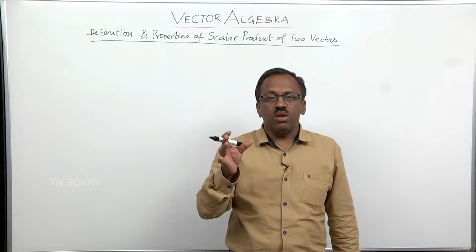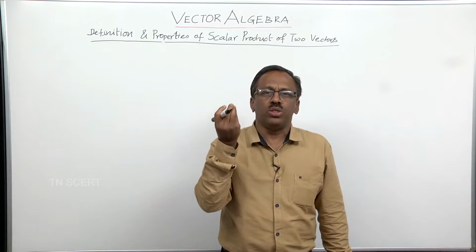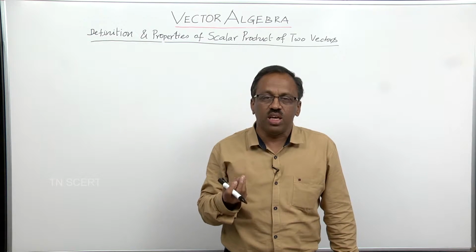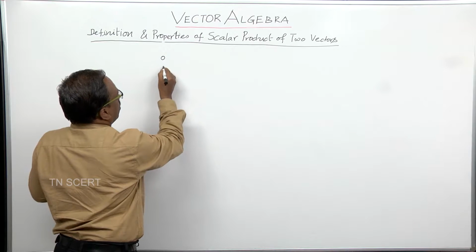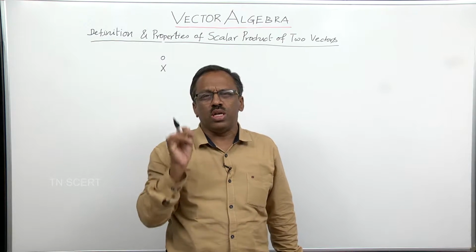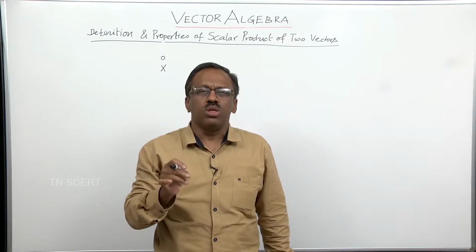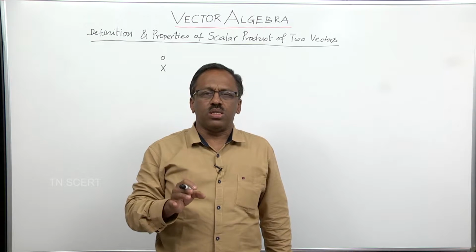Product of vectors, we are going to use two different notations. What are they? One is dot, the other one is cross. These are the two notations that we are going to use for the product of two vectors.